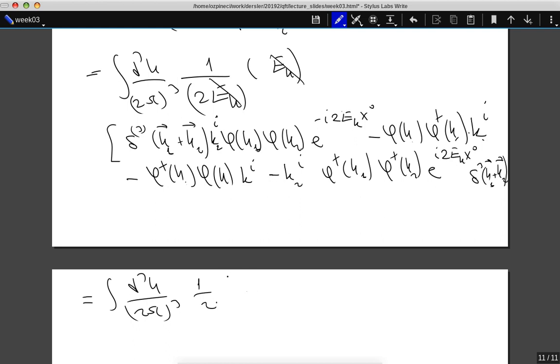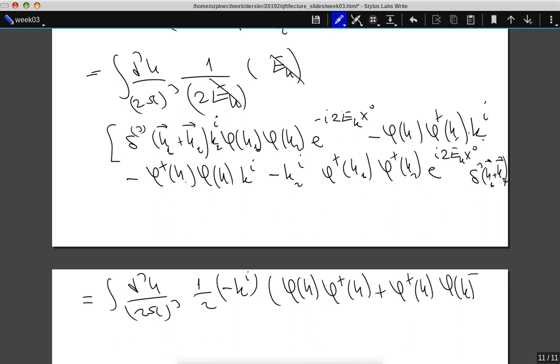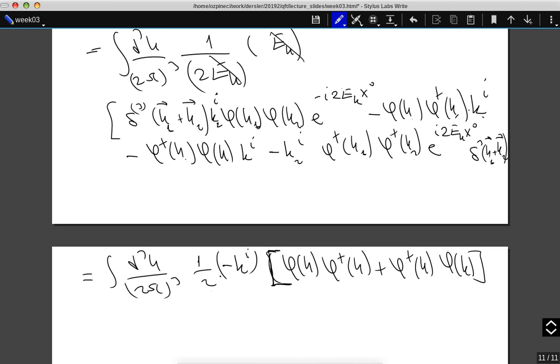I have minus Ki, phi of K, phi dagger of K, plus phi dagger of K, phi of K. Okay, this is almost nice. Well, I don't like that minus sign, but we will see where that came from. Maybe I made a mistake somewhere, we will check later on.